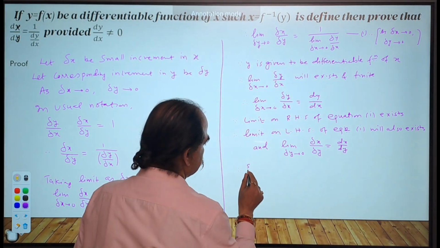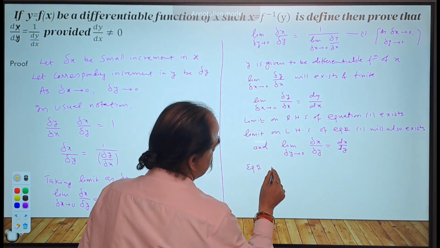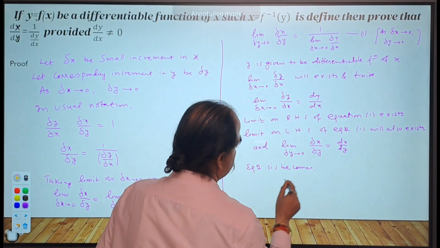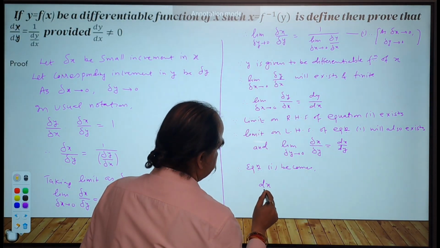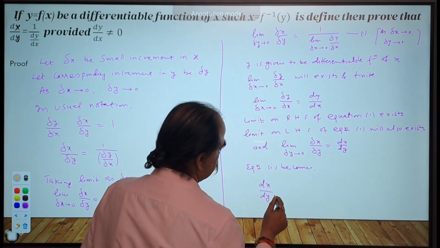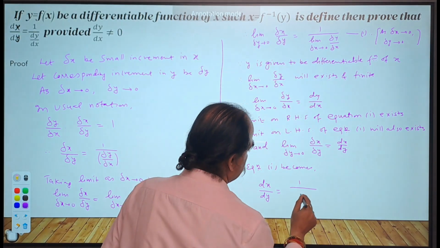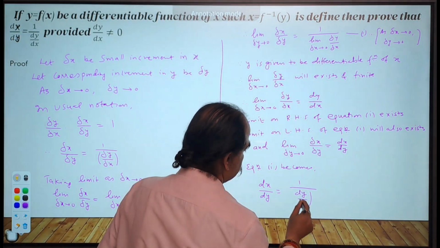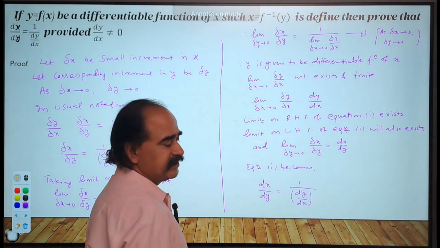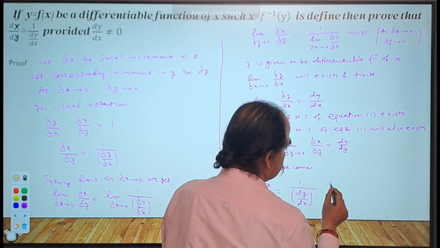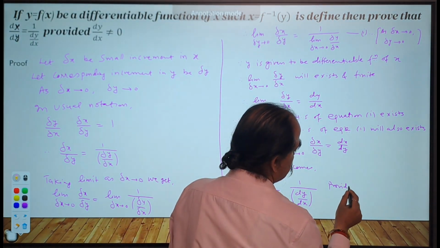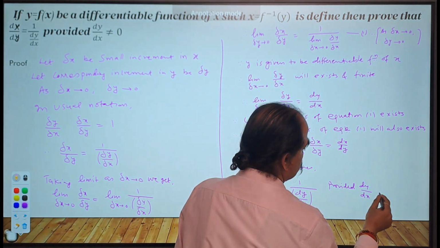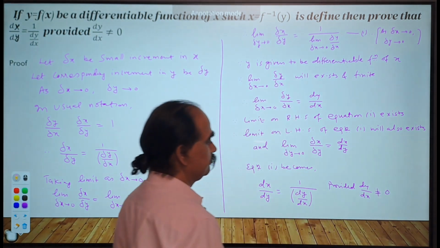Therefore equation 1 becomes dx by dy is equal to 1 upon dy by dx, provided dy by dx is not equal to 0.